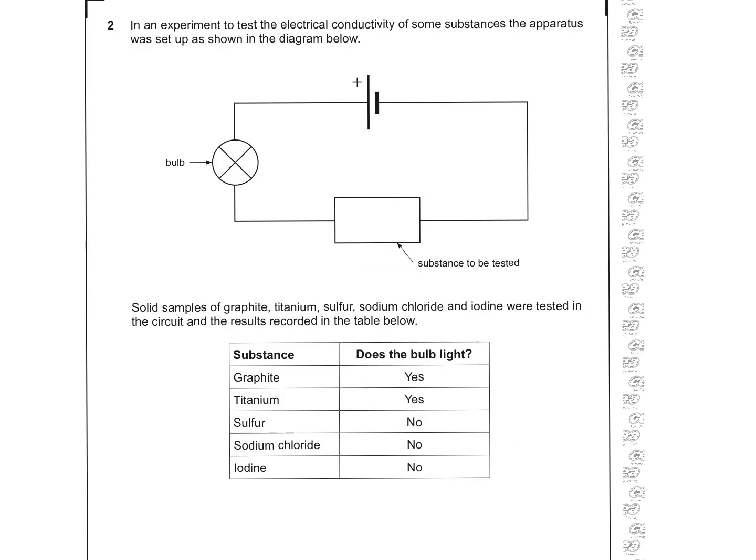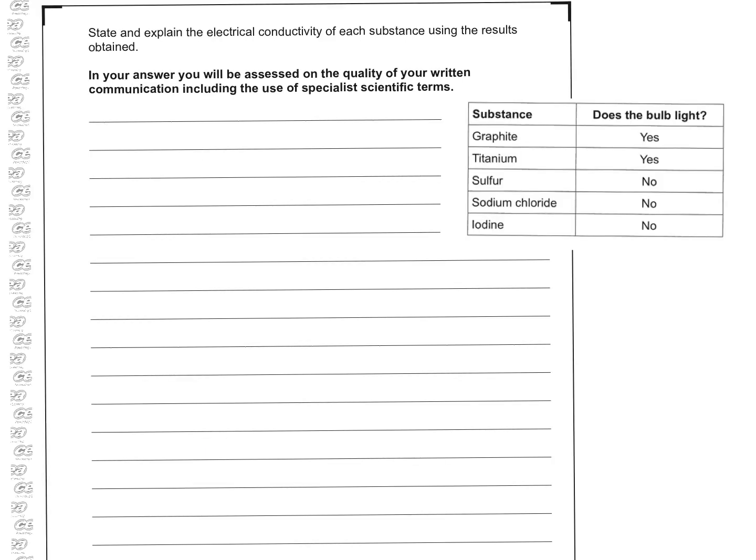Question 2 is about the conductivity of a number of samples. So the results are down here, and then the question follows. State and explain the electrical conductivity of each substance using the results.